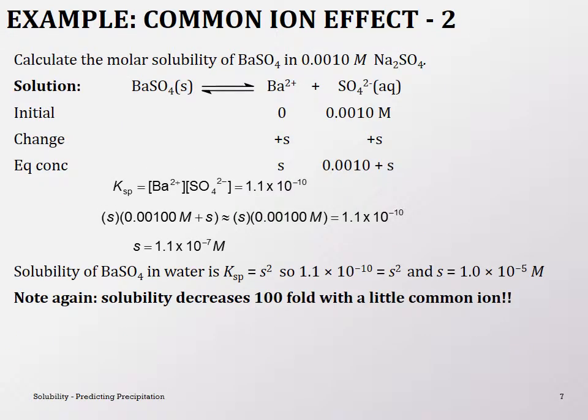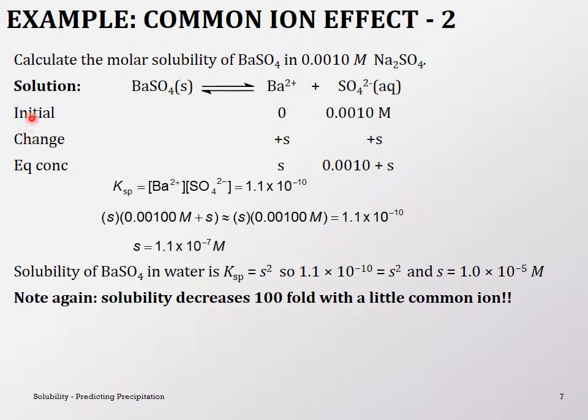Let's look at another problem, this time using barium sulfate. Calculate the molar solubility of barium sulfate in 0.01 molar sodium sulfate. Sodium sulfate is already in solution and you're trying to add barium sulfate to that. So barium sulfate dissociates to give you barium and sulfate ions.